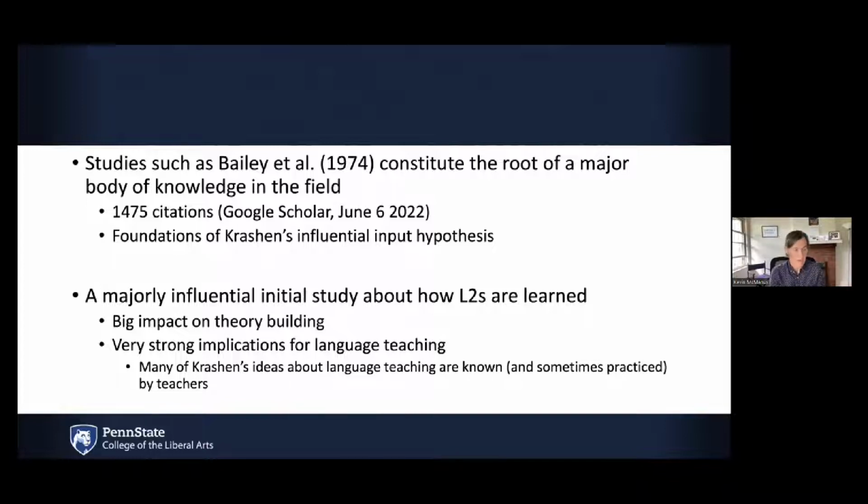And so what we've got here is a majorly influential initial study about how second languages are learned. Big impact on theory, big impact on the field today, very strong implications for language teaching, very strong implications for theories about how languages are learned, right? Many of Krashen's ideas about language teaching are known and quite often practiced by teachers, such as the affective filter hypothesis, right? Comprehensible input, things like that, right?